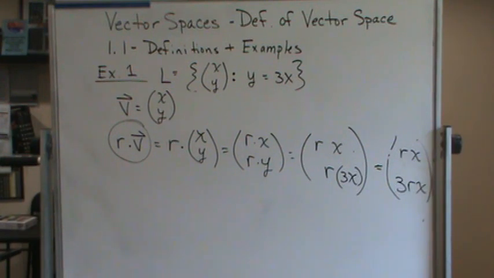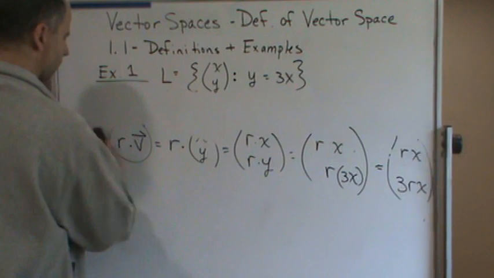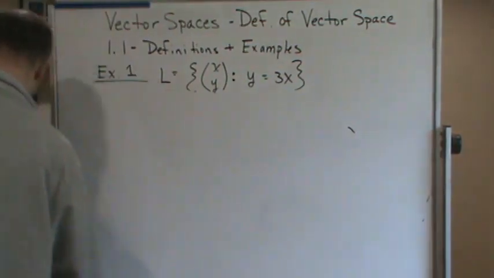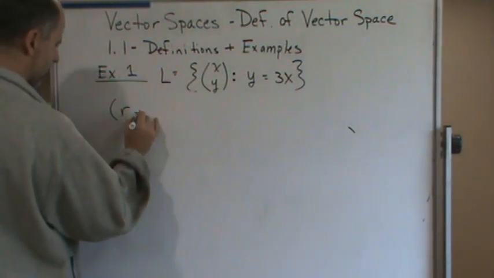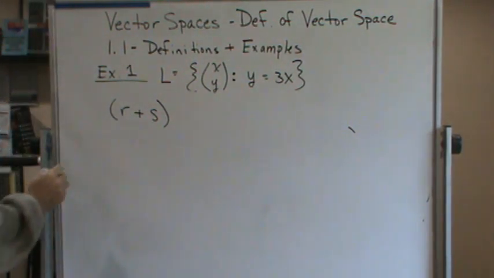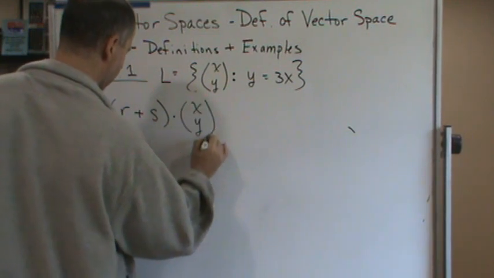Now, what about 7? Okay, so let's look at this. Let's say we have r plus s, two scalars, times the vector (x, y).